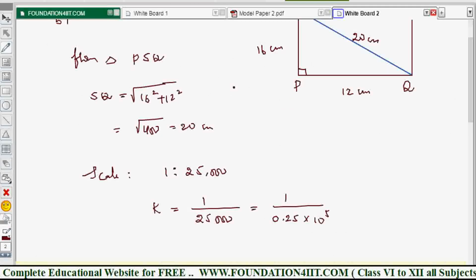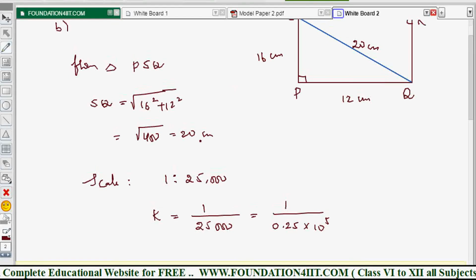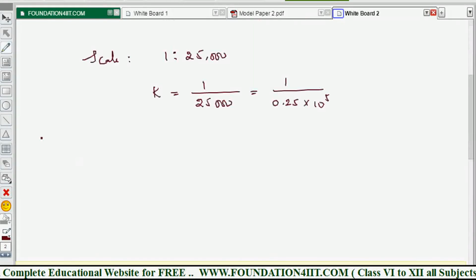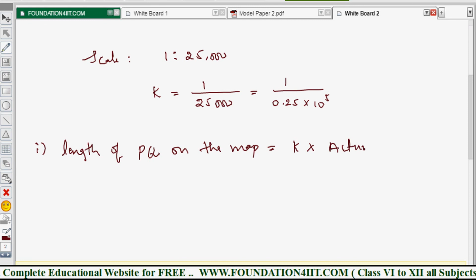The length of PQ on the map is equal to K into the actual length of PQ. This is the formula.